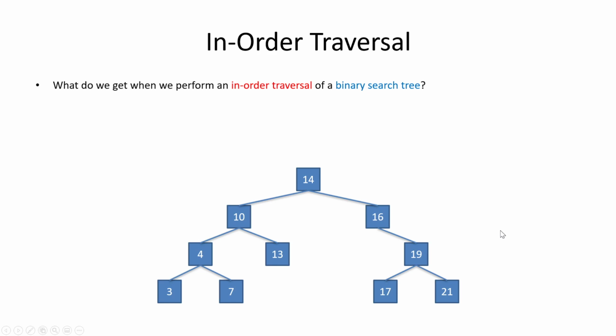But before we get there, I want to point out a second important benefit for having our values in a binary search tree, which is if we carry out an in-order traversal. Now remember, in an earlier video we talked about traversing our tree, and the traversal of a tree here carries out a depth-first search where we go through the tree in this fixed order.